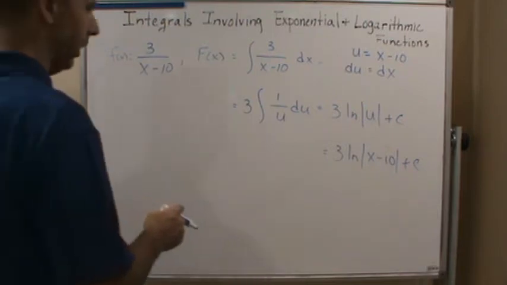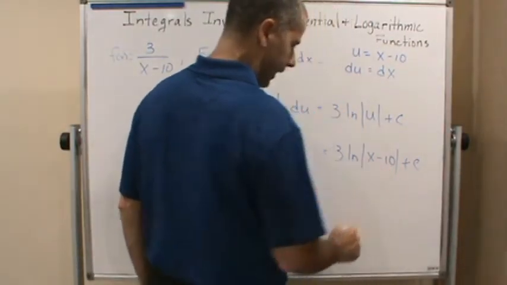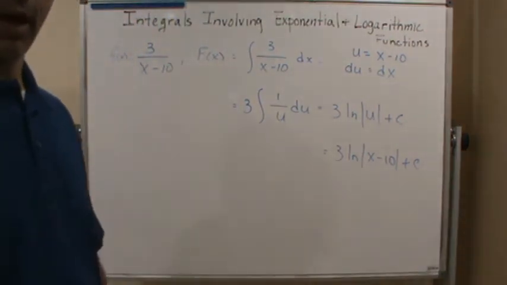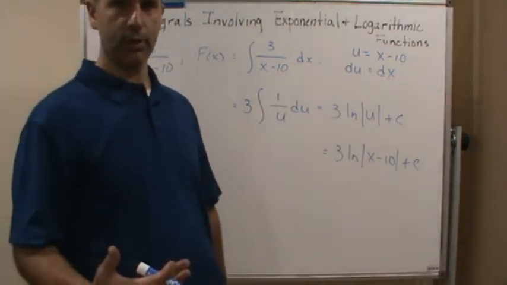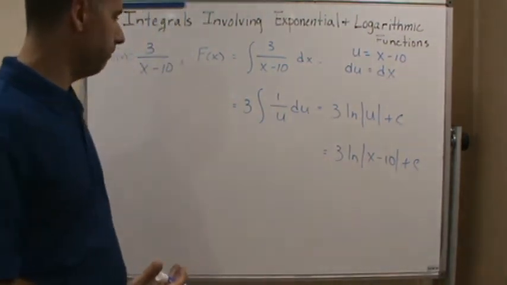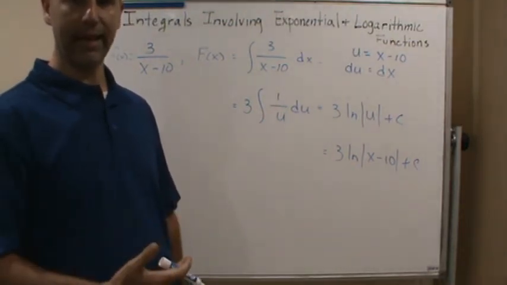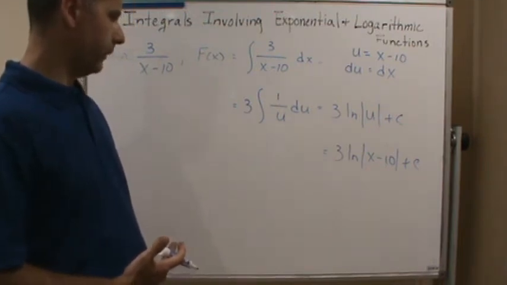Oh, by the way, one last thing. Here, notice that, remember, this is where you have to remember the characteristics of a logarithmic function. Logarithmic functions don't equal 0. You can't have 0 in there.